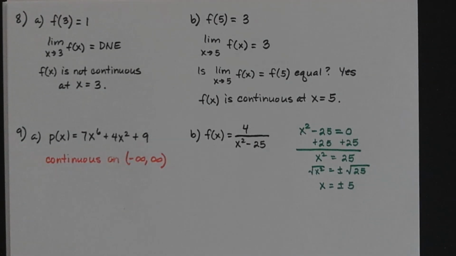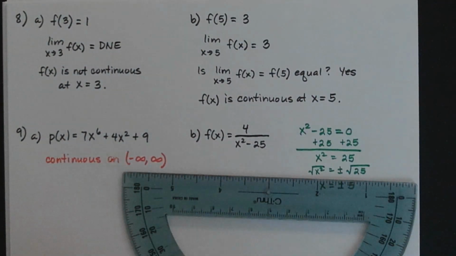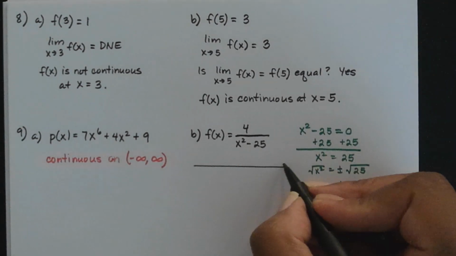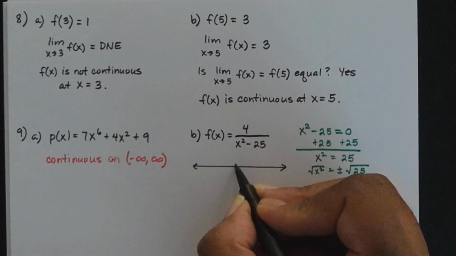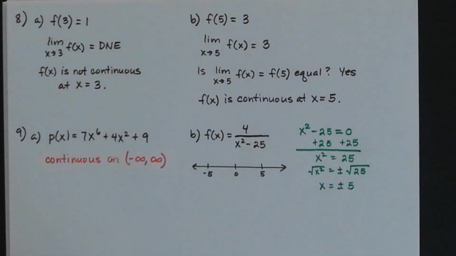So at x equals 5 and x equals negative 5, I would get a 0 in the denominator. And of course, this is not required, but you can draw a number line to find out what your interval notation would look like. So you have 0, 5, negative 5.